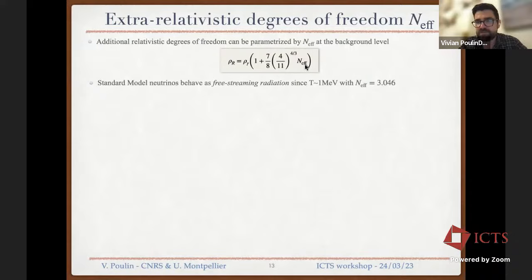There is a very small deviation from 3 due to the fact that neutrinos have decoupled slightly after electrons and positrons and go out of the bath, but that's a small correction you can take into account. And standard neutrinos, since about a temperature of 1 MeV, behave as free streaming radiation. That means that they are not colliding at all. It's not a perfect fluid at all. It's just some free streaming radiation.